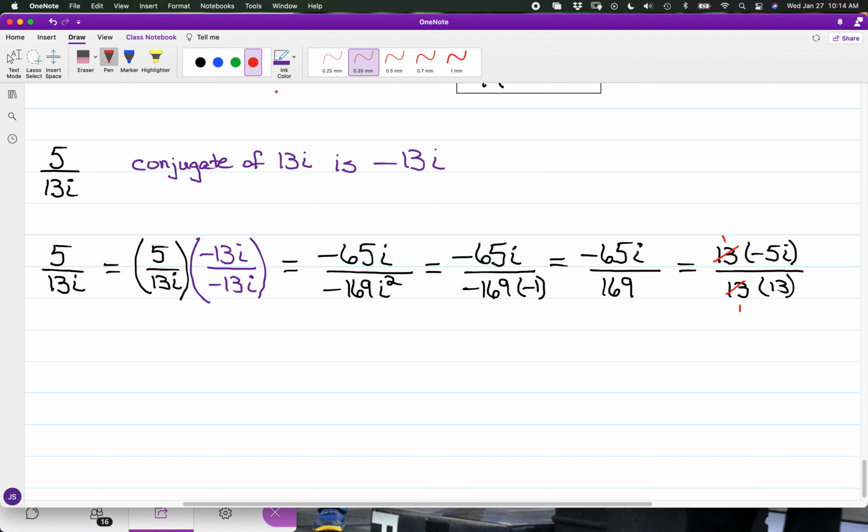So we have the 13s cancel. So for the final answer, this will come out to negative 5/13 of i.